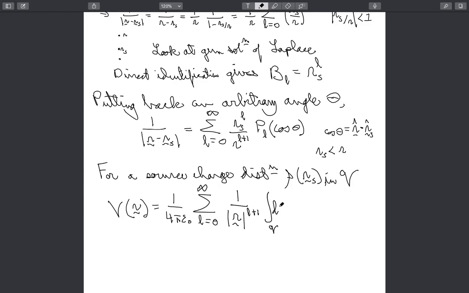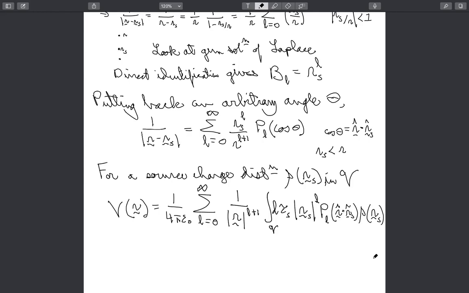I integrate my volume element, with the absolute value of the vector r_s to the power l, and then the Legendre polynomial of cos theta, which is just r hat dotted into r_s hat, times the distribution rho at r_s.